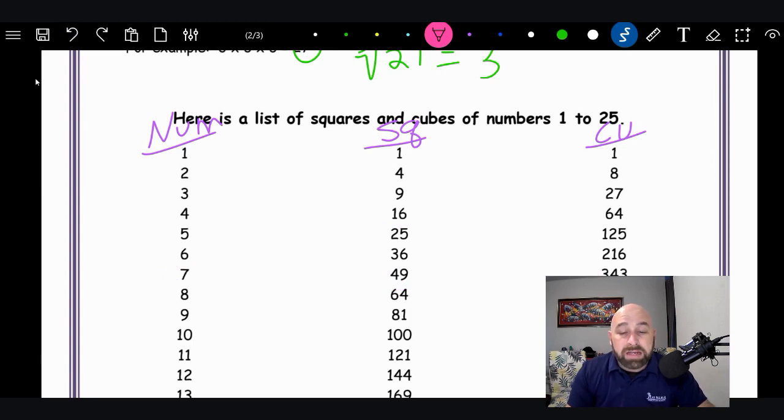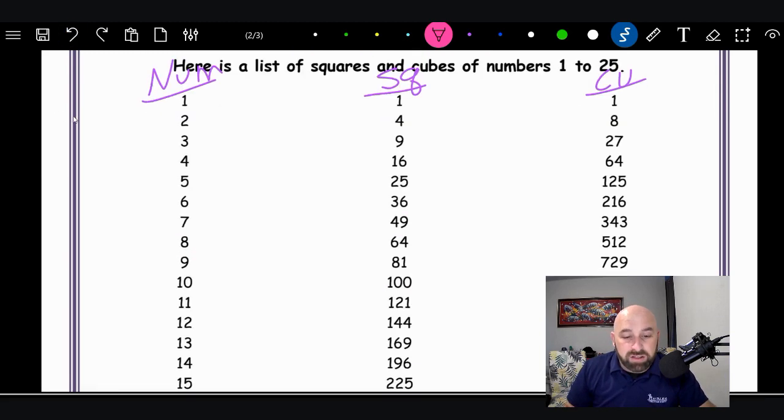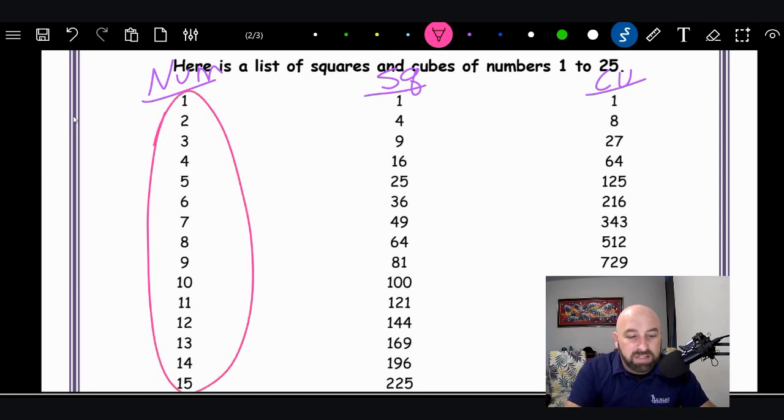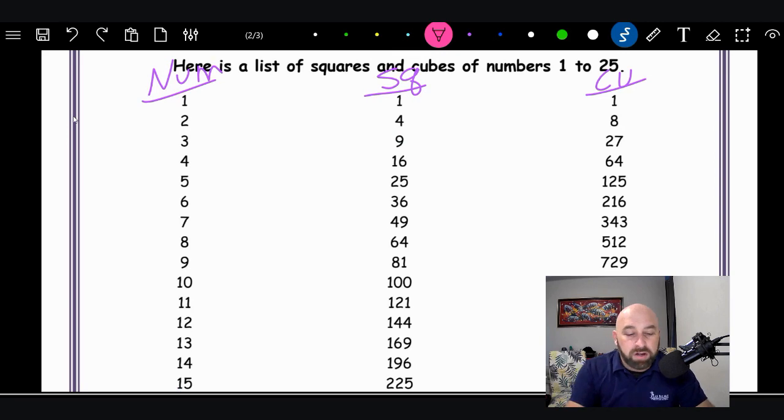Now, how many of these do I want you to memorize? This chart that I have on the screen goes through the number 15. In your book, they stop at the number 10. I think what I'm going to do is I'm going to kind of split the difference. Let's go through the number 12. I like that because I think you should know the square of 12 is 144. That's important.